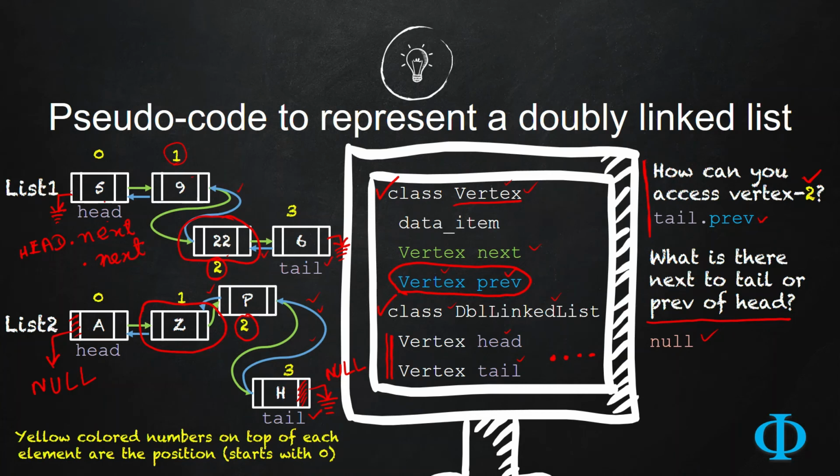So by utilizing all these previous links and the existence of this null and all the head, tail, vertex and the next and previous links, we can implement different functionalities of doubly linked list that will go inside this doubly linked list class, and we are going to describe all the functionalities in the following few videos.